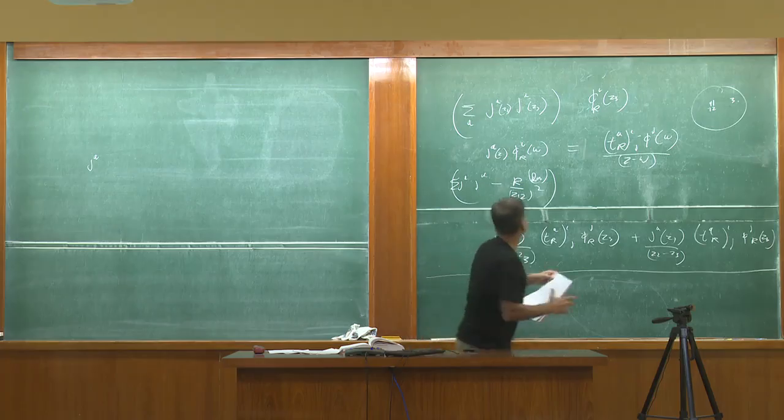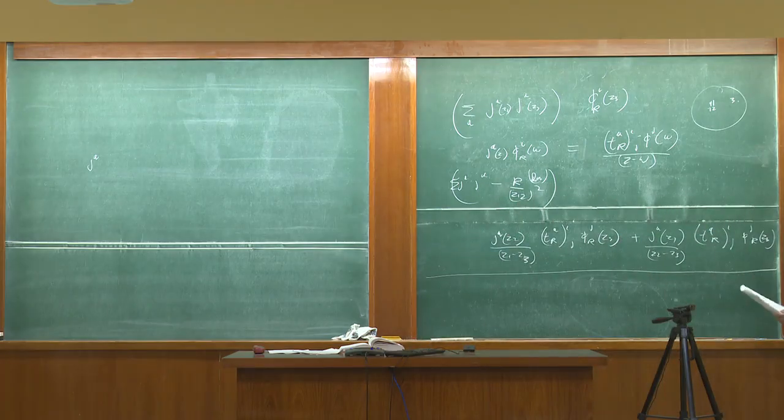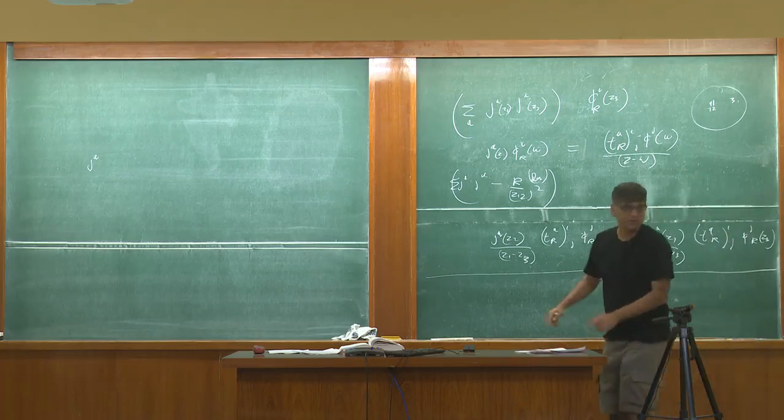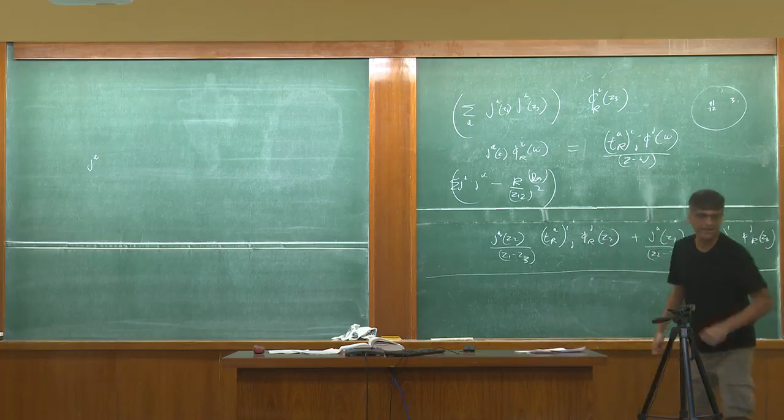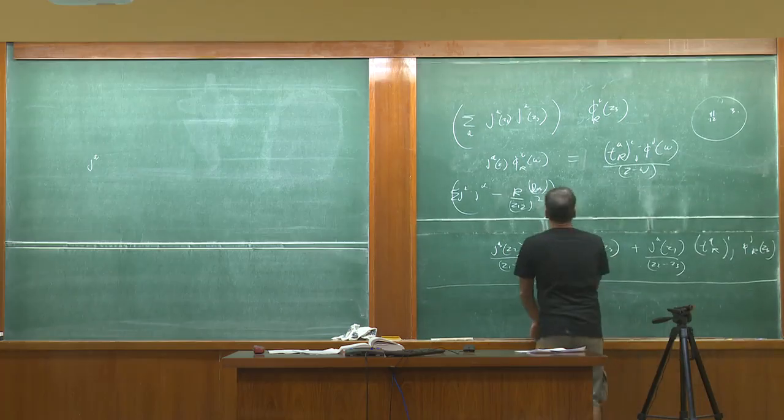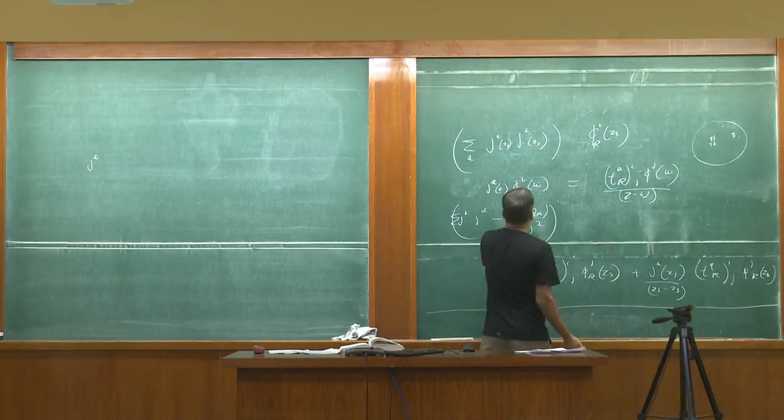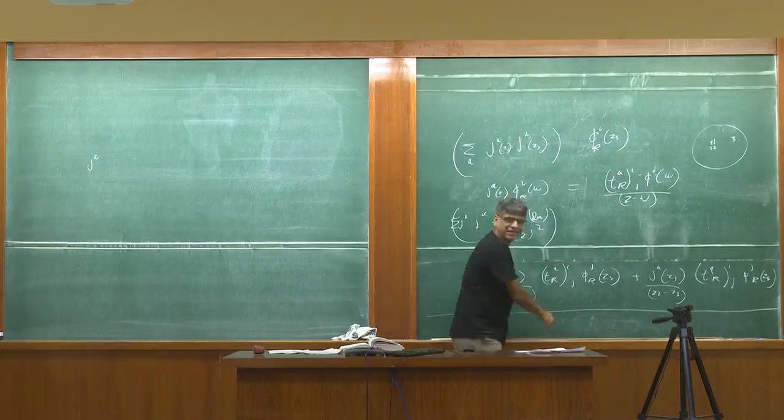Let me work it out. I was doing it for a primary operator. Polchinski does it for a current itself. Let me do it for that, and just imitate his. Actually, it will be the same thing. Let me just continue this.